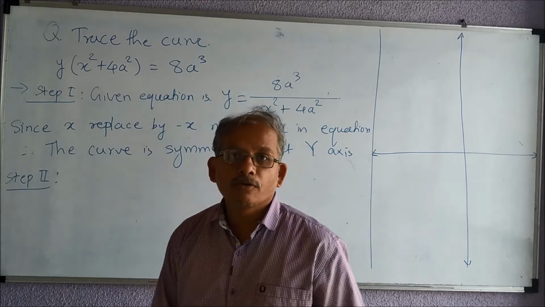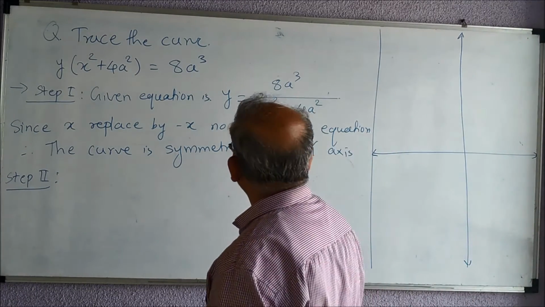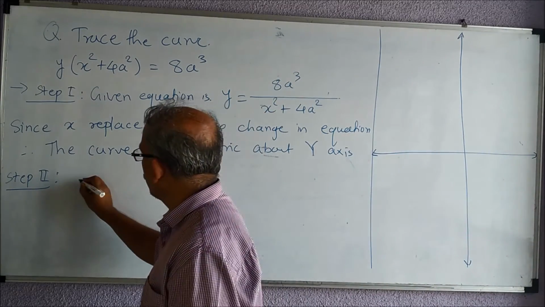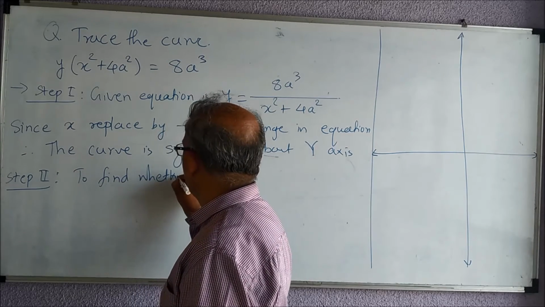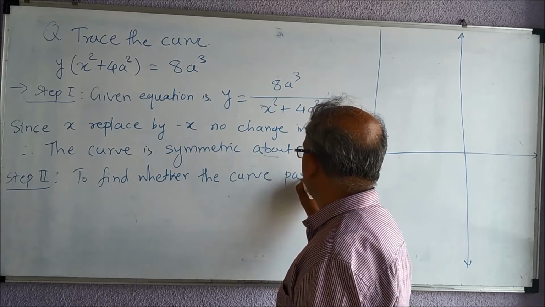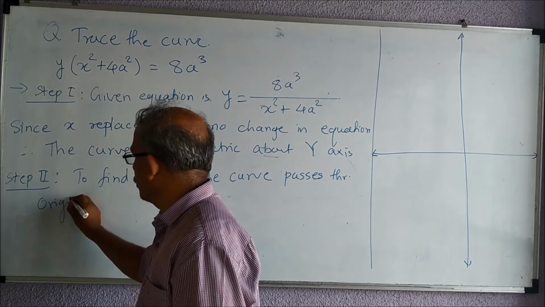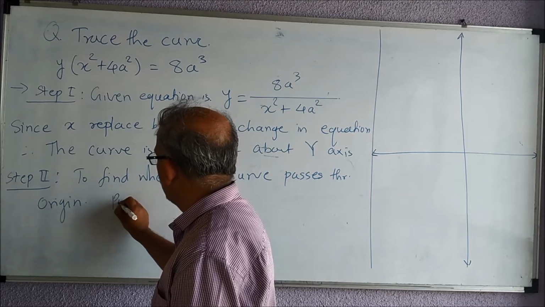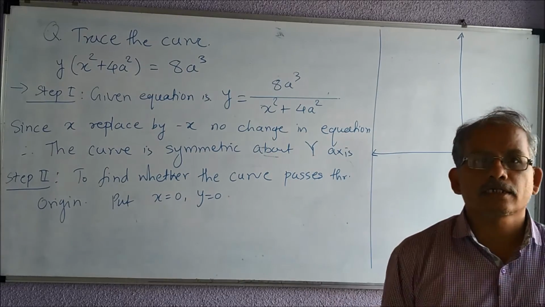we will find out whether the curve passes through the origin or not. So what we will do is substitute x equal to 0 and y equal to 0 and check whether the two sides are the same or not.